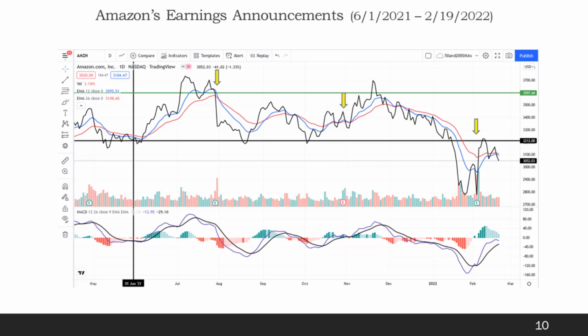It then moves up for 3 days, but on earnings announcement day falls back down to approximately $2,770, with earnings not announced until after market hours. It did recover, but from July 8th, 2021 to February 18th, 2022, the trend is down.